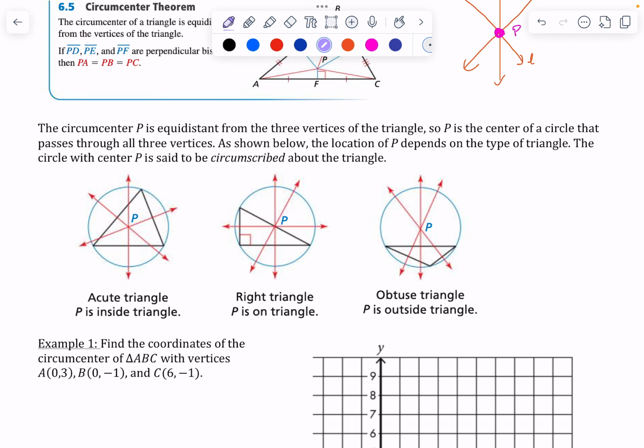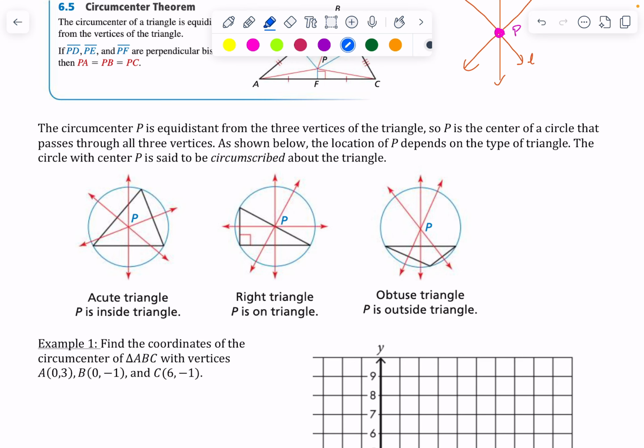The circumcenter P is equidistant from the three vertices of the triangle. So P is the center of a circle that passes through all three vertices, because the distance from that point is going to be the radius of the circle, right? The radius of the circle here, here, here, and here, as shown in these pictures.